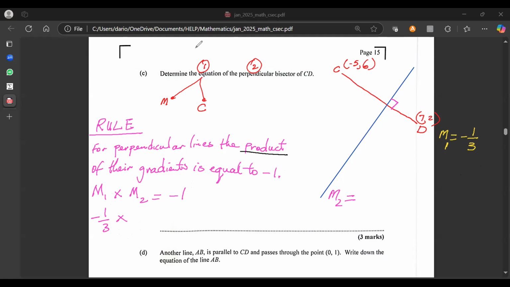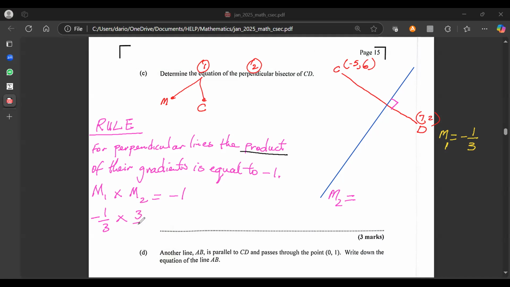So, Marcus, here's your question. If the gradient of the first line, CD, is -1/3, then the perpendicular gradient, M2, would be equal to what, Marcus? 3, sir. 3, that's what we're talking about.